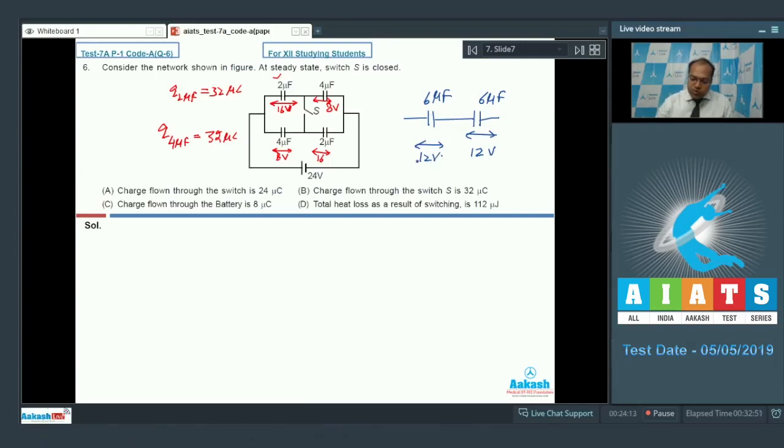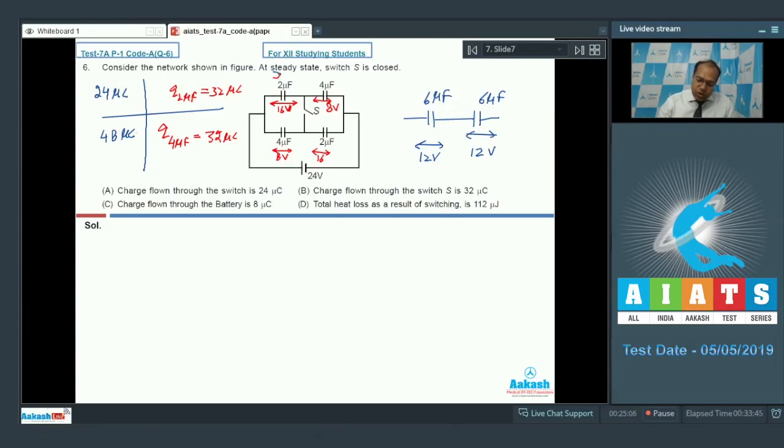So if the potential difference is 12 volt, the charge on this 2 microfarad capacitor would be 2 into 12, that is 24 microcoulomb, and the charge on this 4 microfarad capacitor is 4 into 12, that is 48 microcoulomb.